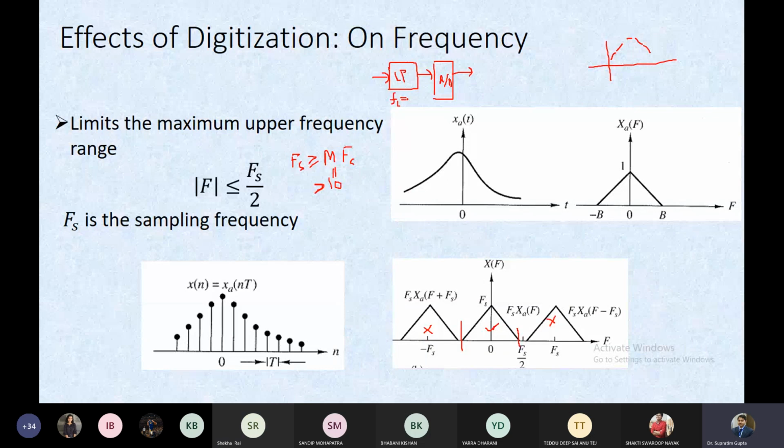Depending upon the signal, we can do some experiments. Say we are using the speech signal, which has a maximum of 4 kilohertz. So we place this cutoff frequency at 4 kilohertz, and at this end we'll get a band of frequencies up to 4 kilohertz. So it is easy for us to decide the sampling frequency fs as greater than or equal to 8 kilohertz.